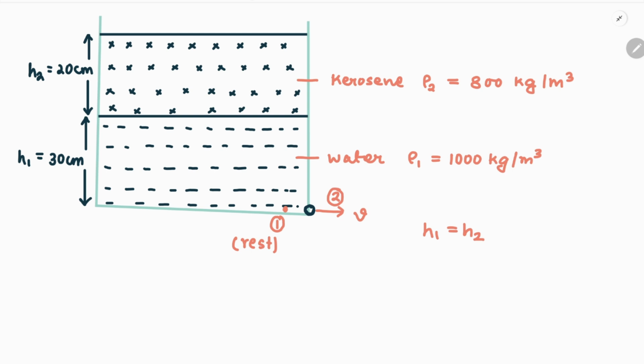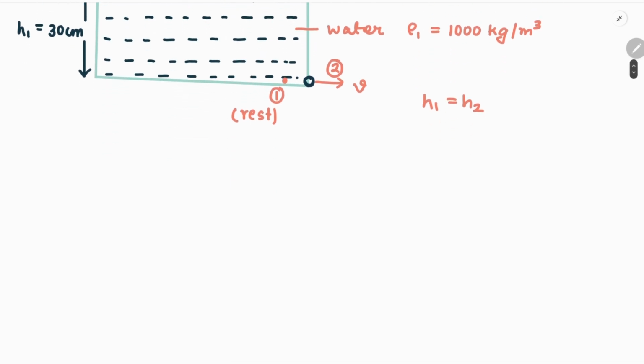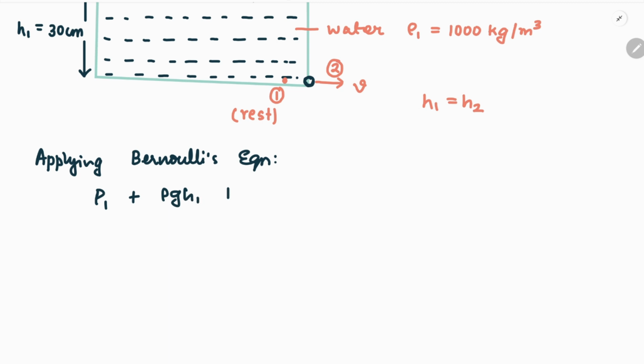Now when we apply Bernoulli's equation, we can write P1 plus rho g H1 plus half rho V1 square equals P2 plus rho g H2 plus half rho V2 square.